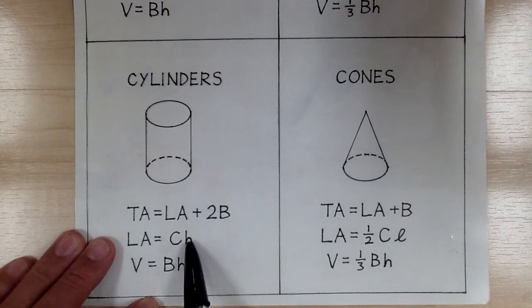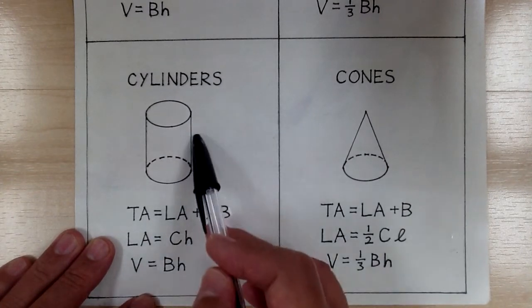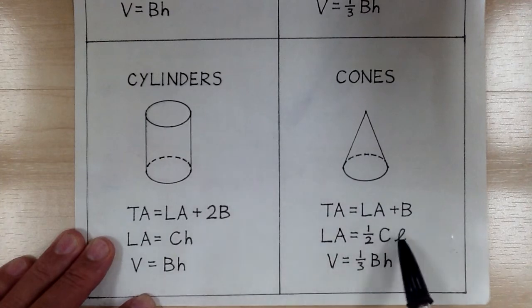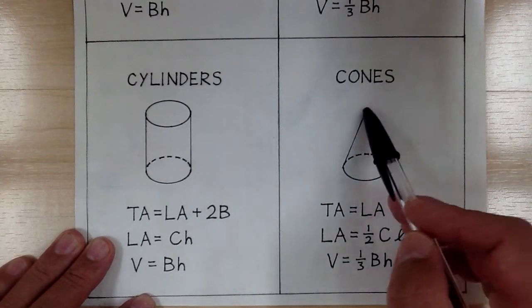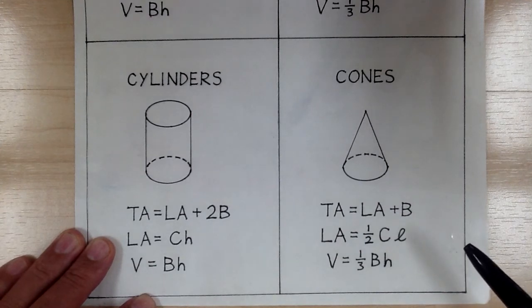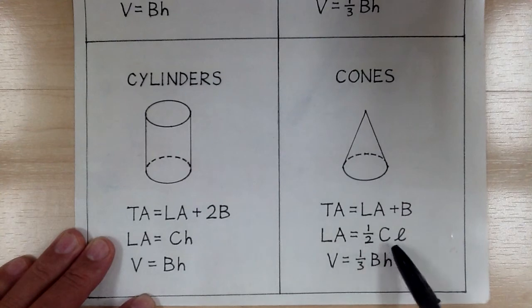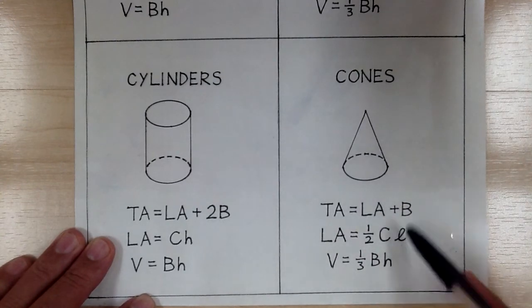If you open up the cylinder, C is the circumference, so you get the circumference times the height, a rectangle. When you open up the cone, it's a sector, but you can apply the triangle technique, so it's 1/2 the base times the height. But remember, when you open it up, the height is not the h.